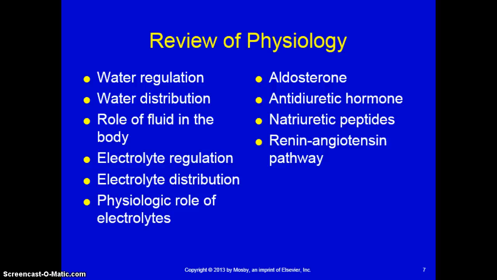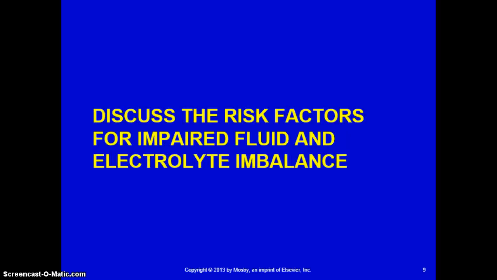So that, in a nutshell, is a brief overview of what we are going to be diving into when you come into class and come into lecture, and we start talking about risk factors for impaired fluid and electrolyte imbalance. So make sure you have a solid understanding of aldosterone, of the angiotensin renin cycle, that you are aware of how the body helps and maintains homeostasis.